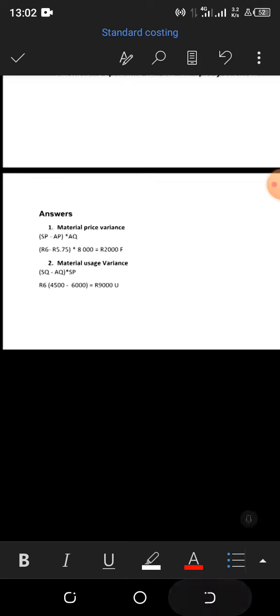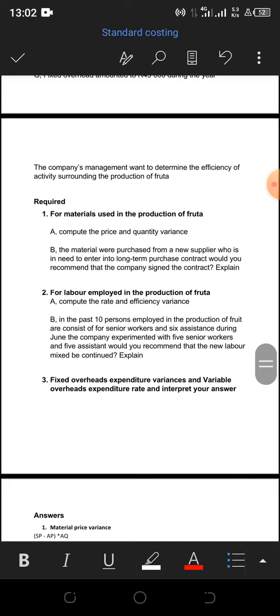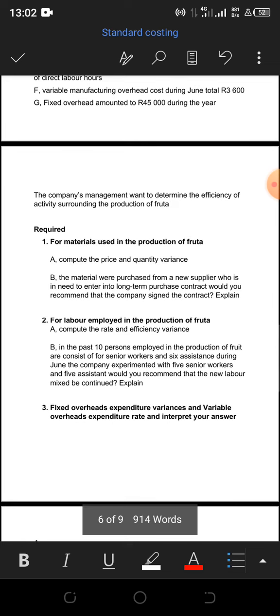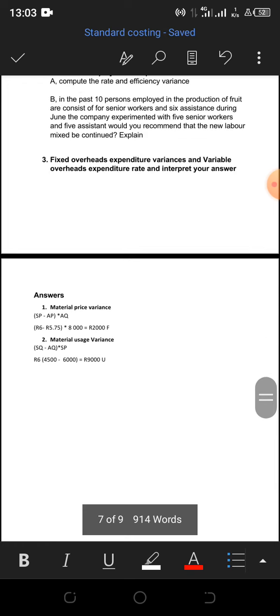So let's go to the next question. Number B, they said the material was purchased from a new supplier who is in need to enter into a long-term purchase contract. Would you recommend that the company sign the contract? Okay, there is a question. Would you recommend? You can either say yes or no, depending on the answers that you get.